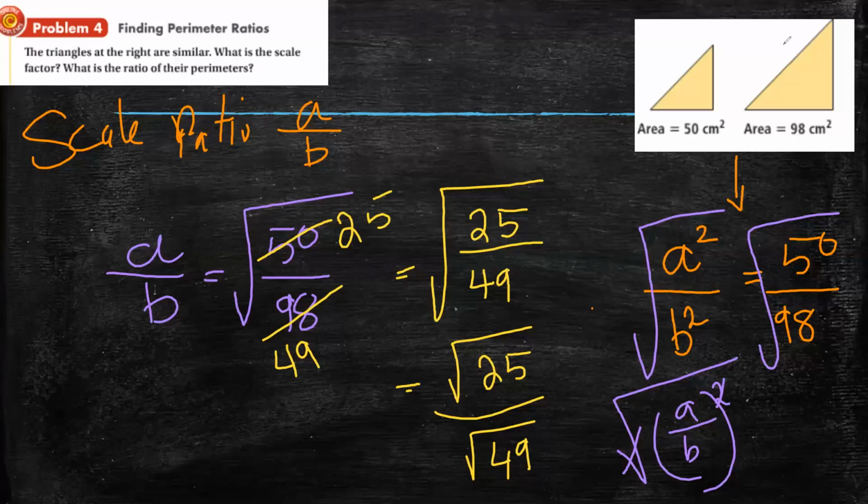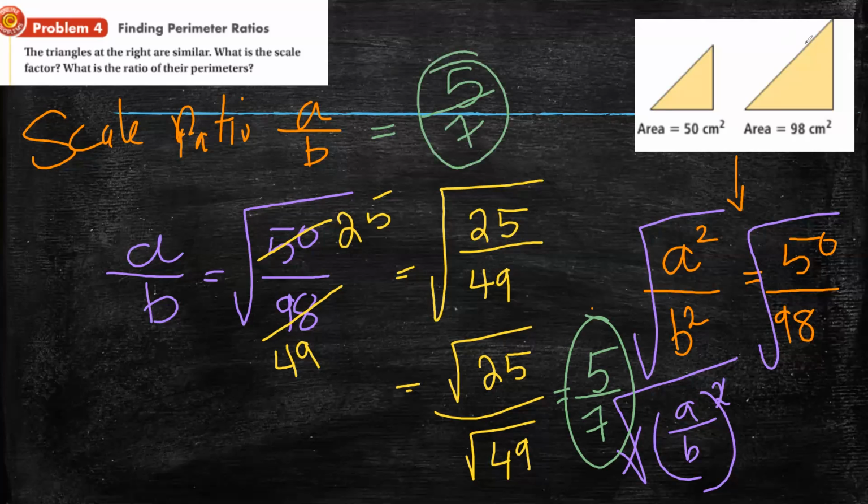Yes, teacher. So I will say now that the scale factor will be 5 over 7. So the scale factor, which is A over B, will be 5 over 7.